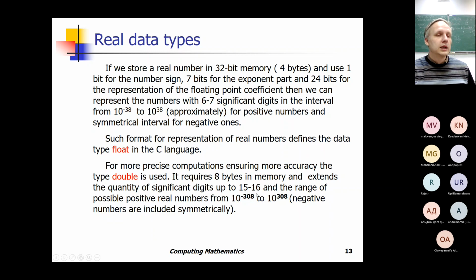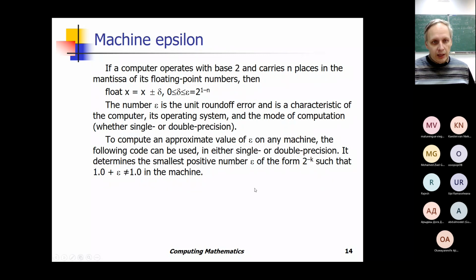That's why any operation in computer produces this small mistake, this small error that is called machine error. And the first question is how to find this error, how to estimate this error. To do it, we can find so-called machine epsilon.